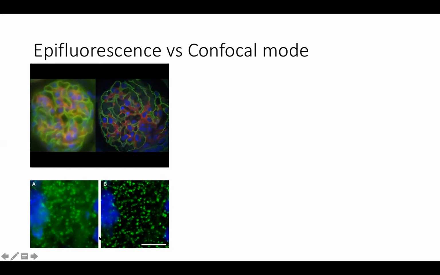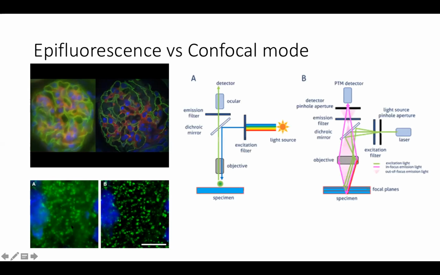This is much more evident when you are trying to look at something which is very vesicular. It comes out as nice green dots or structures in the sea of green that you are looking at over here. Okay, so what is the difference between the epifluorescence and a confocal microscope?